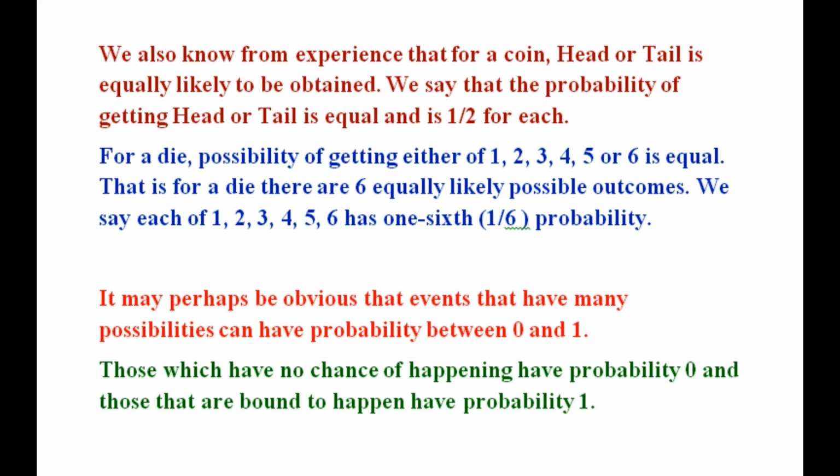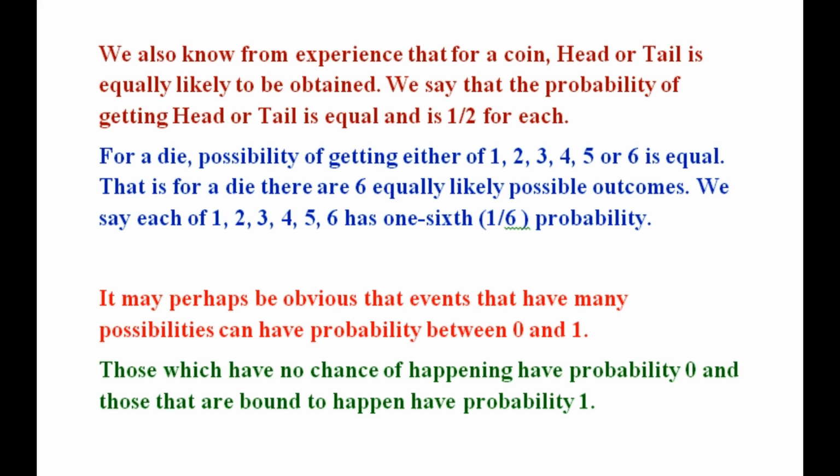So it may perhaps be obvious that events that have many possibilities can have probability between 0 and 1. This is very important. Always the probability value is between 0 and 1. Those which have no chance of happening have probability 0, and those that are bound to happen have probability 1.